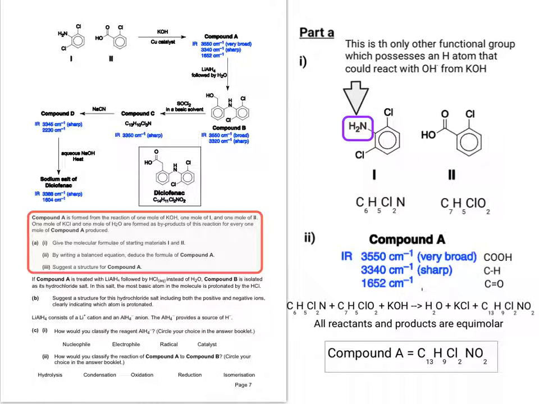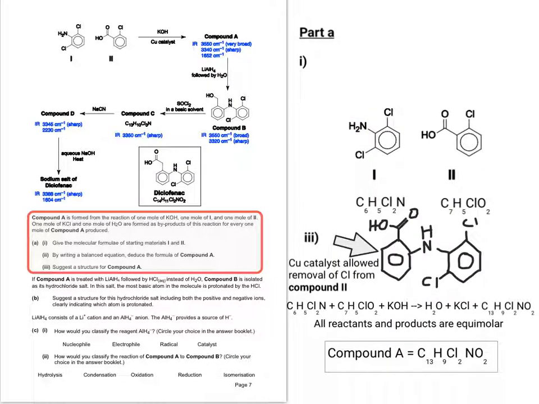The only other functional group which possesses a hydrogen atom that could react with OH- from KOH is the H2N. So what must have happened is the copper catalyst allowed the removal of Cl from compound 2, because you have KCl as one of your products. So this gives us that structure as compound A.